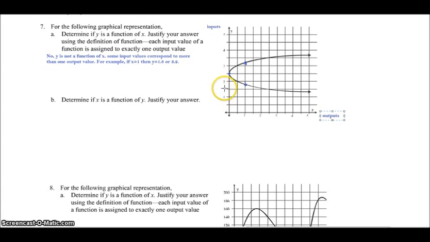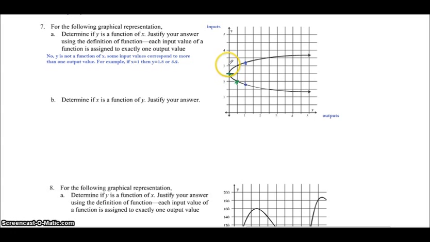Say we pick the value 2. If we pick y equals 2, then there is only one value of x that goes with it. Right here, we see that if y equals 2, then x equals 1/2. If y equals, say, 2.5, then x equals 0.